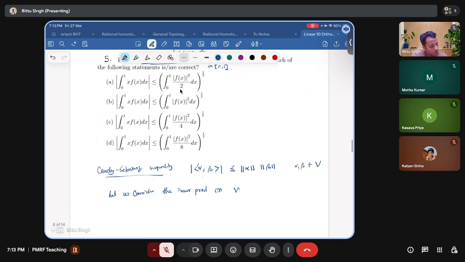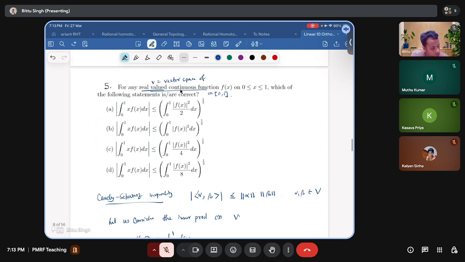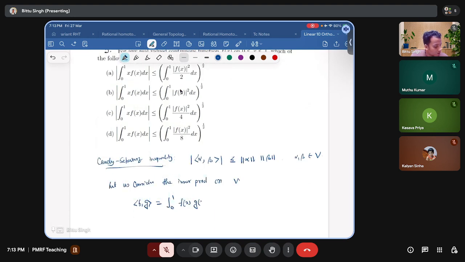So we define the inner product by this: f comma g is the integral from 0 to 1 of f(x) times g(x) dx. It is real valued, so we don't need to consider the bar. This is the inner product which we'll use to prove such kind of inequalities.